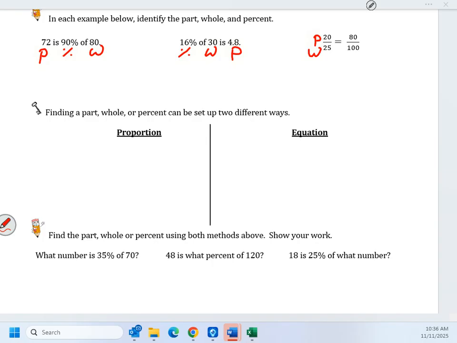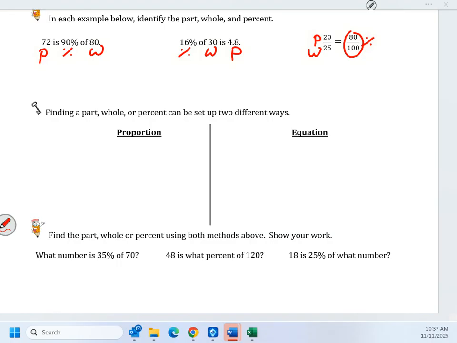Ellie? 80%. Yeah. Because remember, that percent can be that fraction over 100. We can convert 80 hundredths to be 80%. So that 80 over 100 is the same as 80%. So that is our percent. So when we see something like this, I always think of tests.